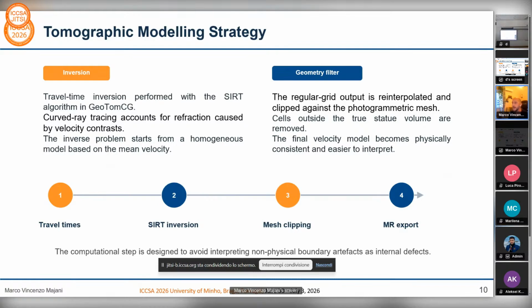After the inversion, the output was still defined on a regular computation grid. This is a practical necessity for the numerical problem, but is not ideal for a sculpture with an irregular boundary. For this reason, the grid was reinterpolated and clipped using the photogrammetric mesh. Cells outside the actual statue, the global volume, were removed, and the final model became physically consistent with the real object.